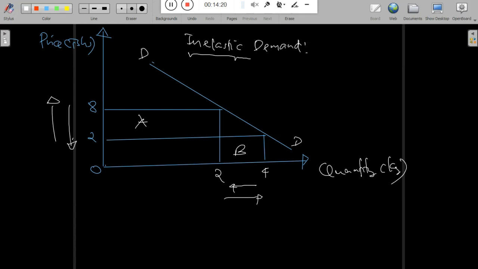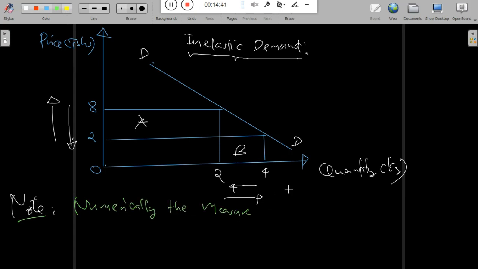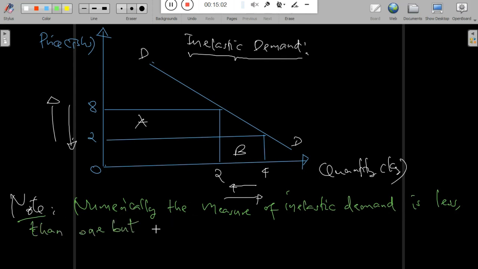So we have the price in Tanzanian shillings, and we have the quantity as well, that is 2 and 4, the quantity in kilograms. So whenever there is an increase or decrease of the price level from 2 to 8, or a decrease from 8 to 2, you observe that there will be a shift of 2 to 4 quantity, or 4 to 2. That is a very minimal result from the change of quantity demanded.